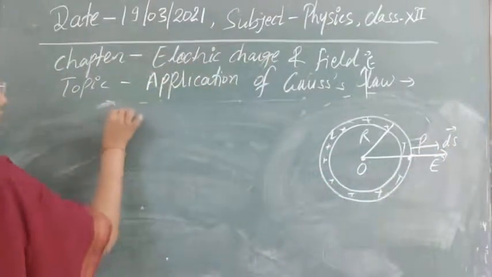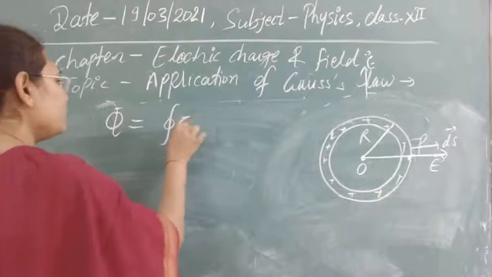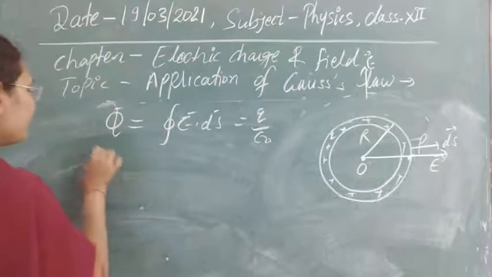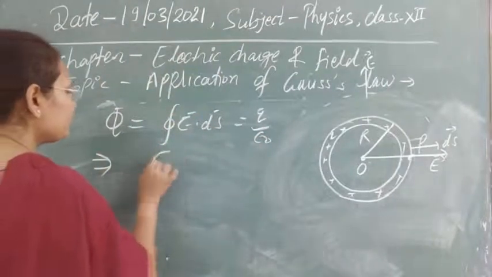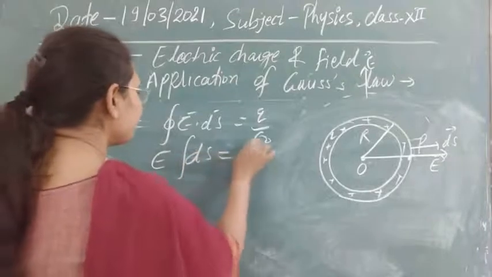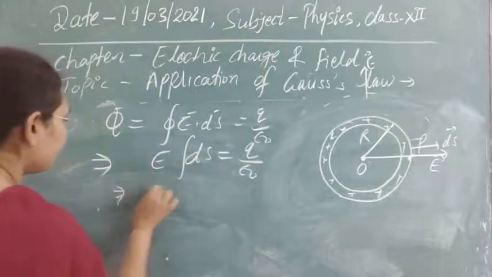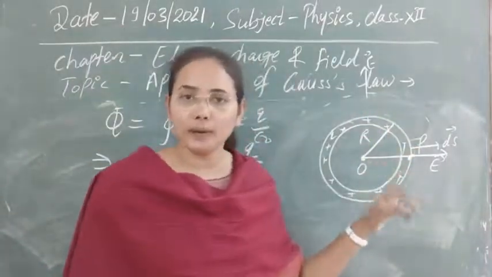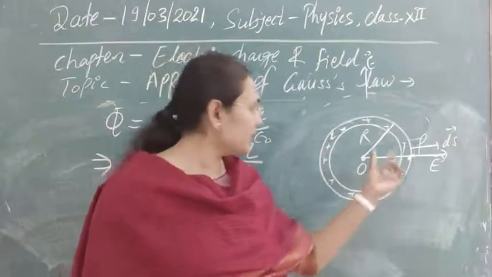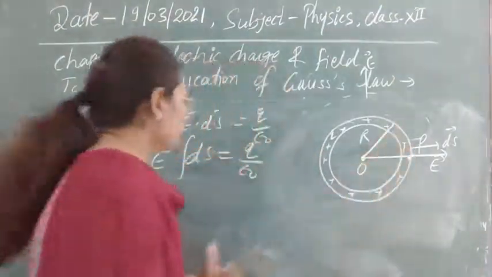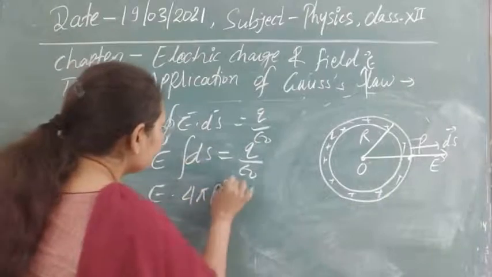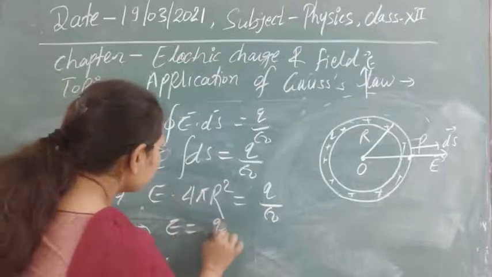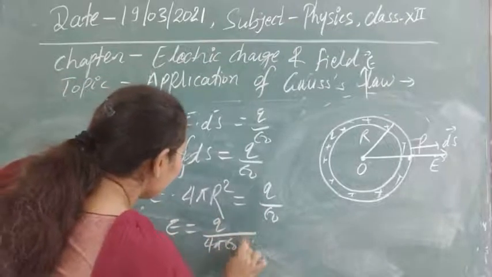So let's see Gauss law of electricity, E dot ds is equal to Q by epsilon 0. Expanding it, this will be the same thing that we have done before. Now the area enclosed by this Gaussian surface is 4 pi r square, the surface area of a sphere, and here r is equal to capital R. So we can write E times 4 pi r square is Q by epsilon 0, and solving, E is equal to Q upon 4 pi epsilon 0 r square.